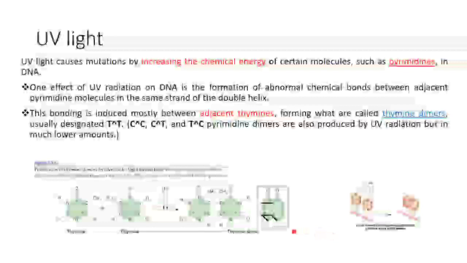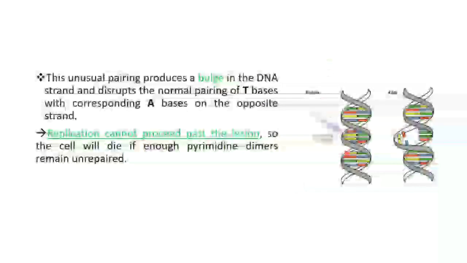So it's an example of a pyrimidine dimer. This bonding, guys, between the two thymine bases will create like a bulge in the structure of the DNA. So this is the structure of the normal DNA strand, guys. If you notice, we take here the two yellow bases, which are considered the pyrimidine bases. Let's consider these two yellow represent the thymine.